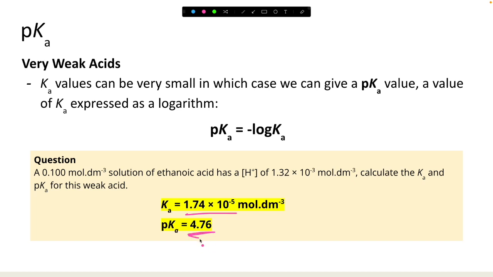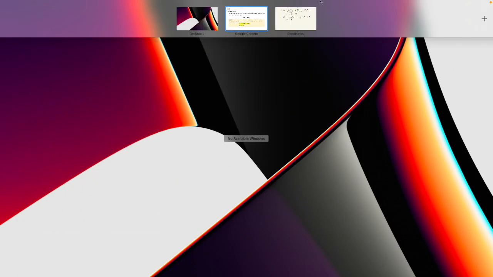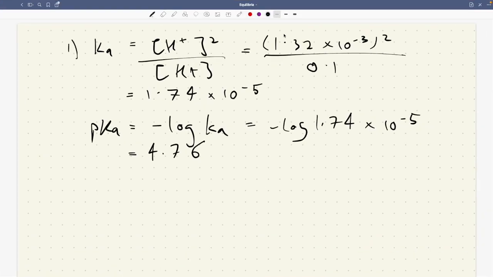So our pKa values can be compared similarly to our pH values when we're looking at weak acids. Just a final quick note on Ka and the units. As with the equilibrium expression, we need to determine the units for each of these as well.